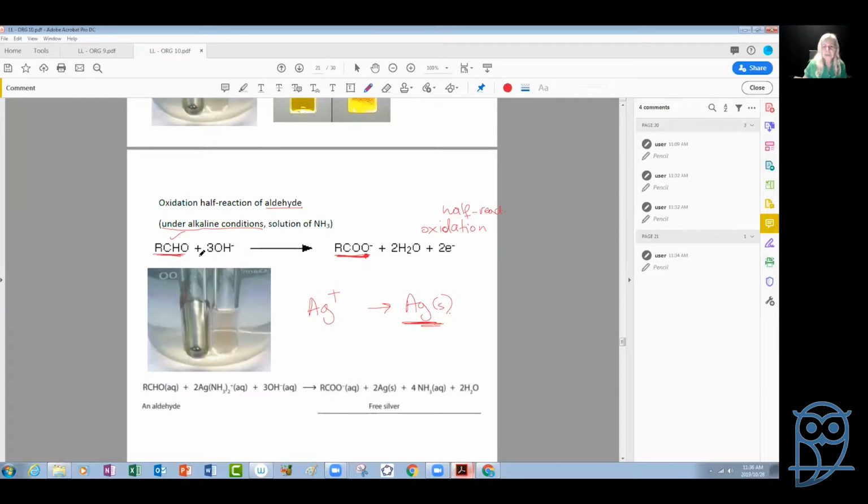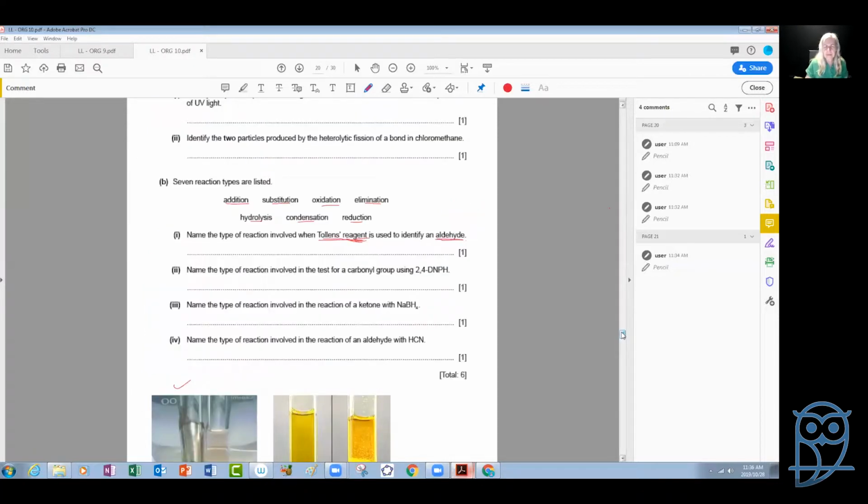So name the reaction. Well, here you don't need to explain all that. We just took advantage of the question. Name the type of reaction. This reaction is, we can say, oxidation and reduction. They will accept either oxidation or reduction.